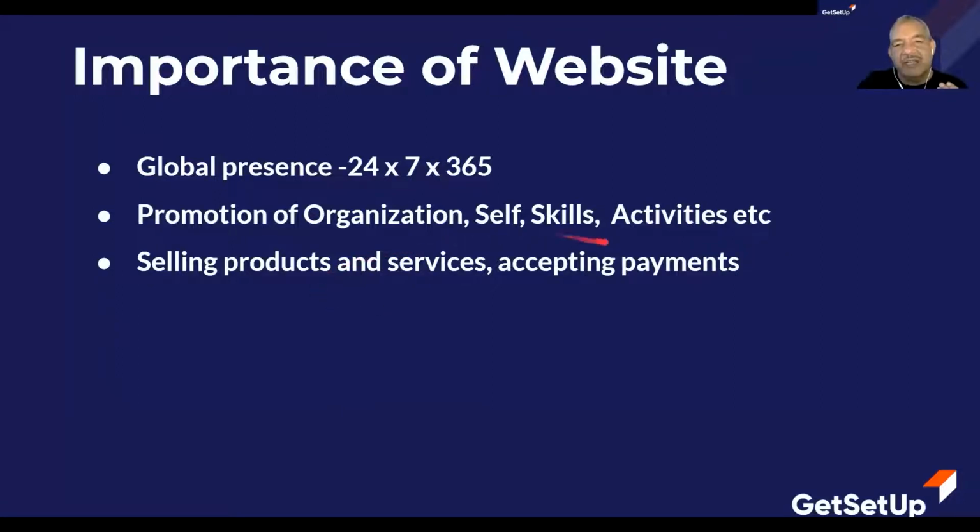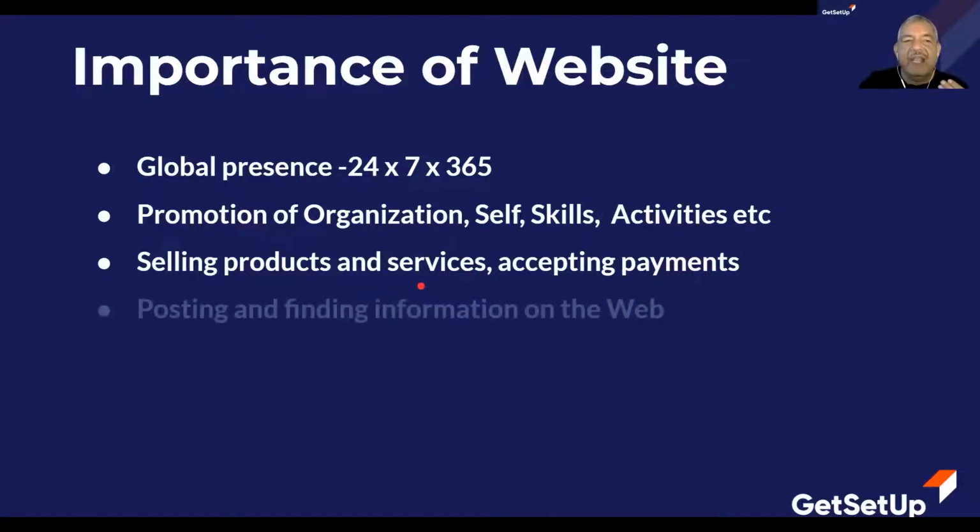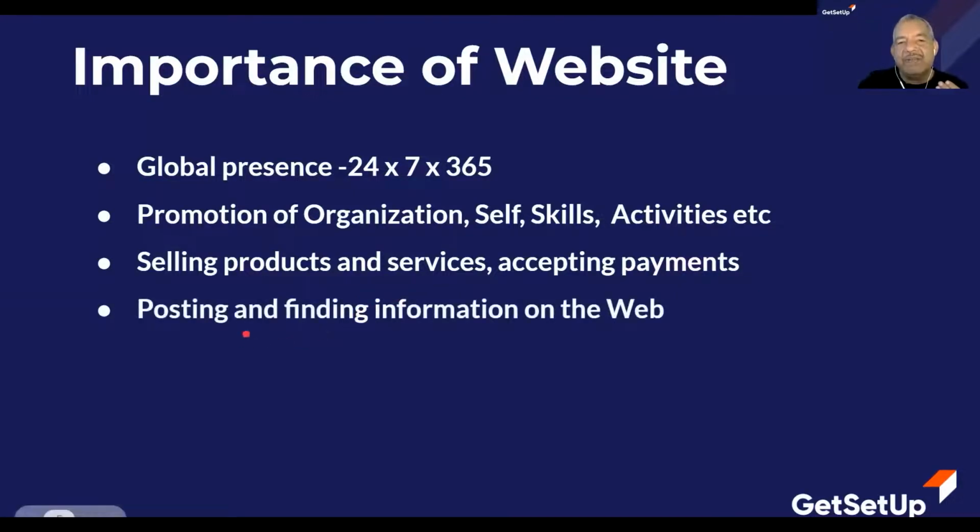And we can post and find information on the website. An organization can post information about its products as well as any services that it offers. Similarly for an individual. And besides posting, there are multiple websites from where we can find information also.